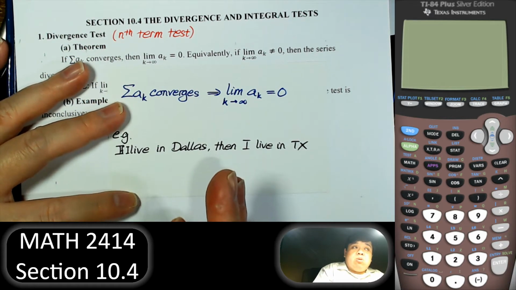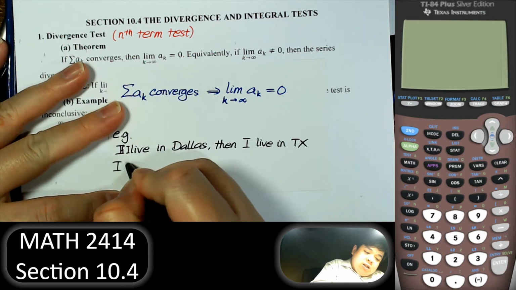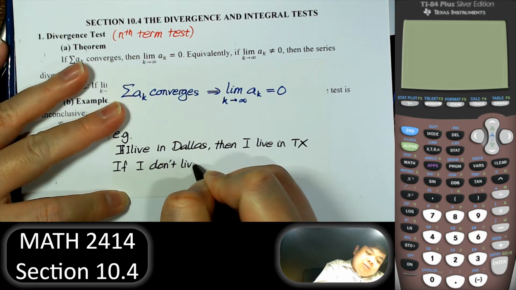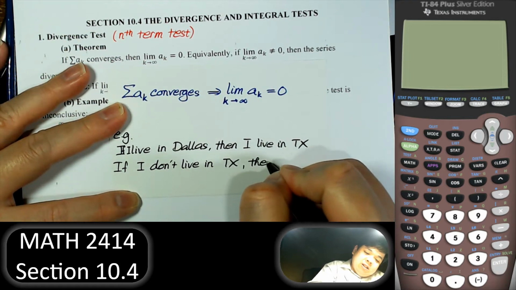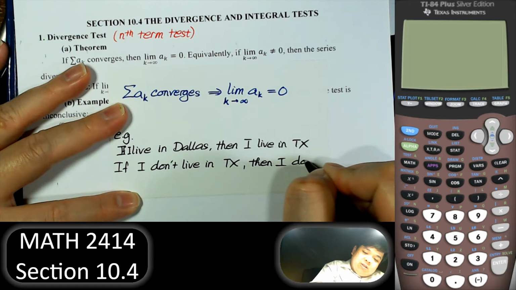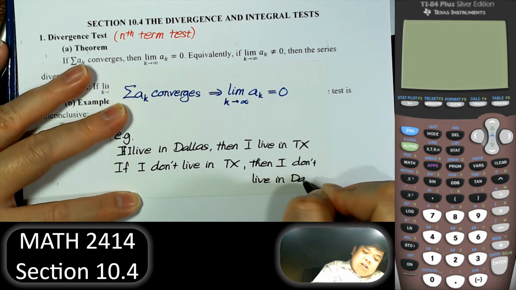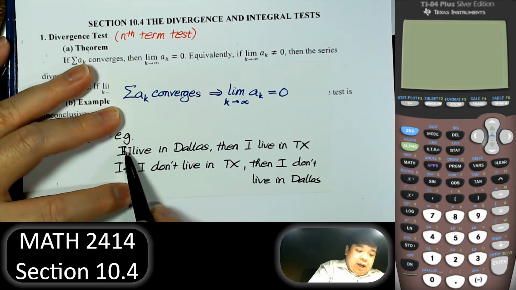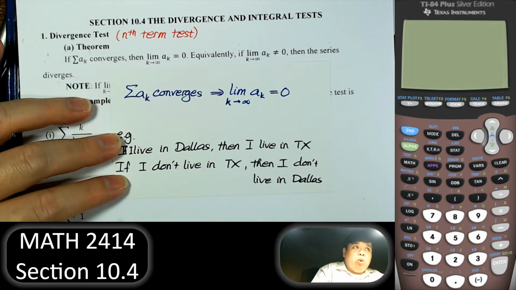That statement is false. What is equivalent is to say, if I don't live in Texas, then I don't live in Dallas. This statement is true, as well as the original. So logically, those two are equivalent.